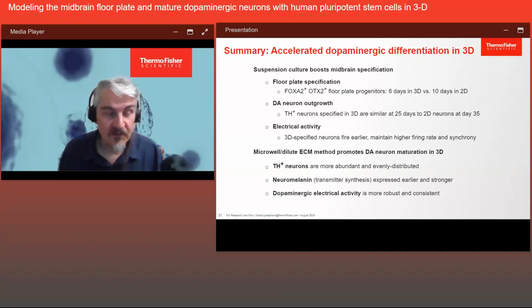Those microwell organoids with ECM also showed evidence of accelerated dopaminergic maturation. We had earlier neuromelanin deposition, as I've shown you, and more consistent electrical activity than the free-floating organoids. I have not shown you that data.